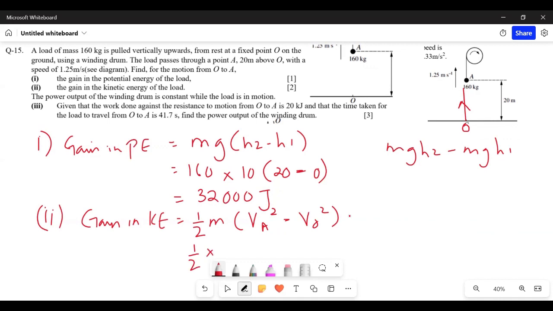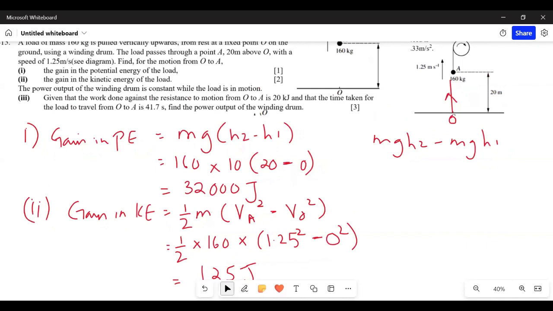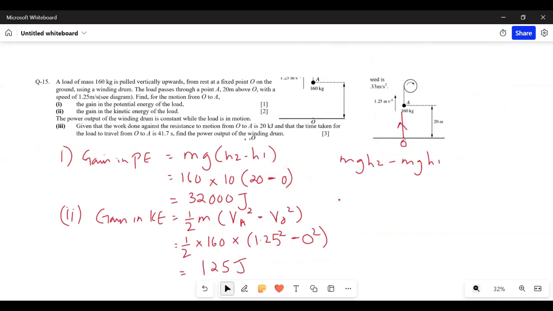So half times 160 times speed at A is 1.25 square minus speed at O is 0. So you get this product. It is 125 joules. So going from O to A, there's a gain in both the energies. Potential energy भी increase हो रही है क्योंकि height increase हो रही है और kinetic energy भी increase हो रही है क्योंकि speed increase हो रही है.